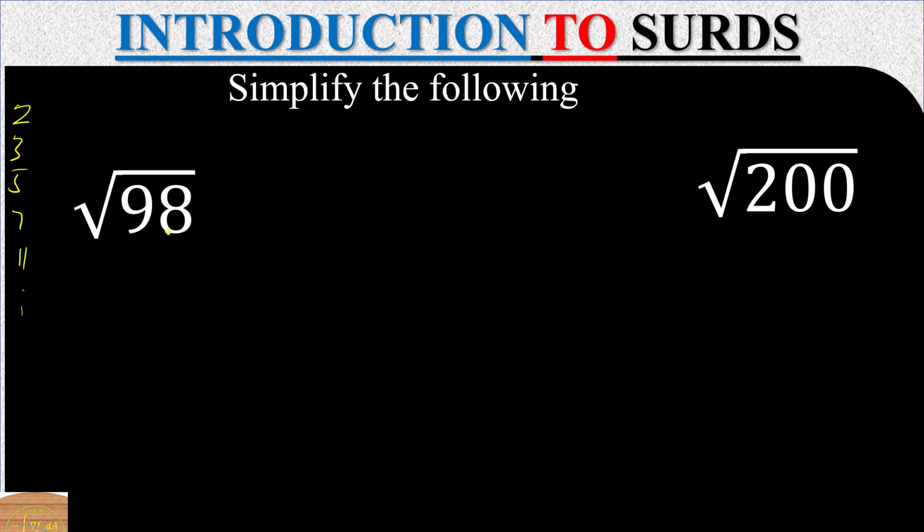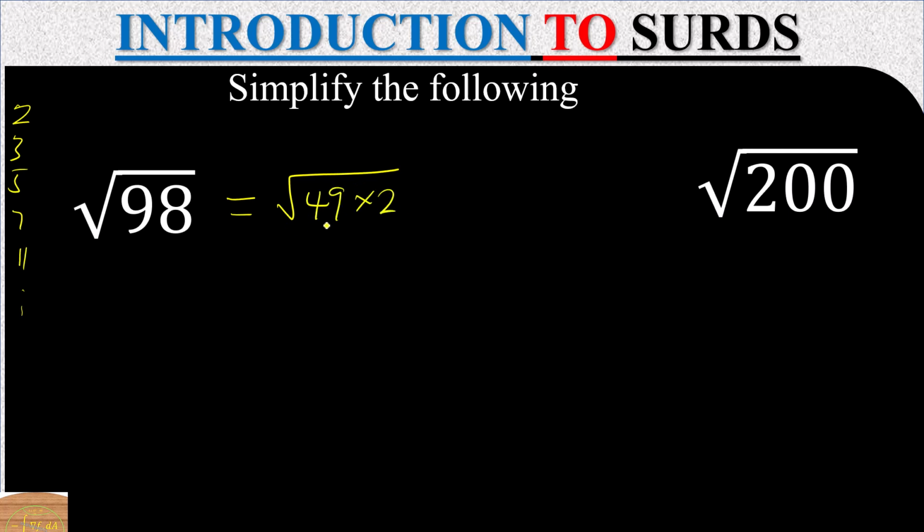So let's start with 2. Now 98 divided by 2 is 49, and 49 is a perfect square, so we are taking 49 times 2.